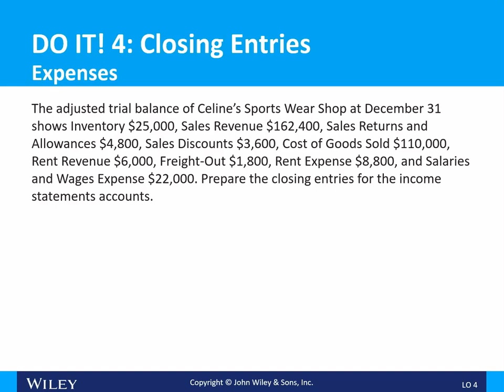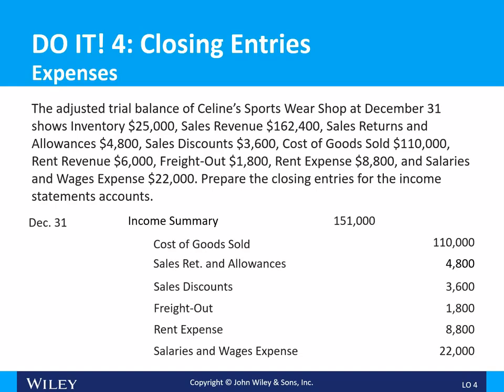Closing entries to close these: we're going to credit all of those accounts because they have normal debit balances, to get them to zero. We're going to do that with a credit and then debit income summary. And then the next step would be to close income summary to retained earnings.